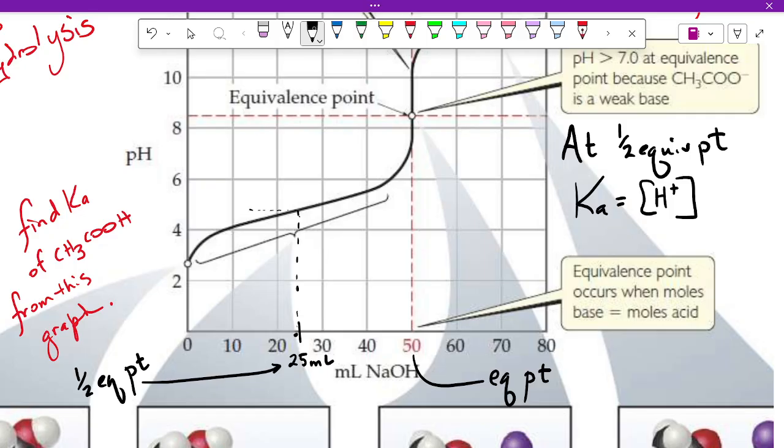That is approximately 4.9-ish, and that would be the pH at the half equivalence.